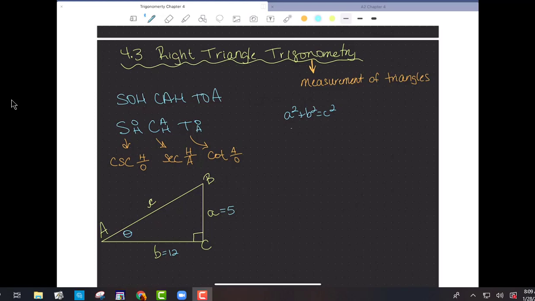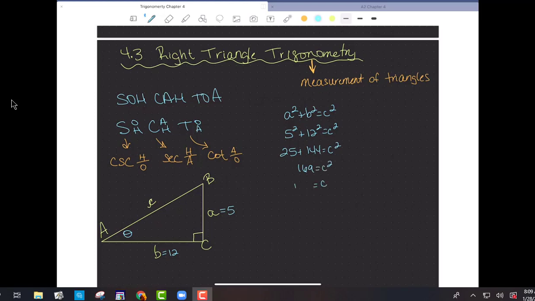So let's see if we can put 2 and 2 together. We'll write it out. 5 squared plus 12 squared equals c squared. 25 plus 144 equals c squared. What's 25 plus 144? 169. Yep, 169 equals c squared. Take the square root of both sides.